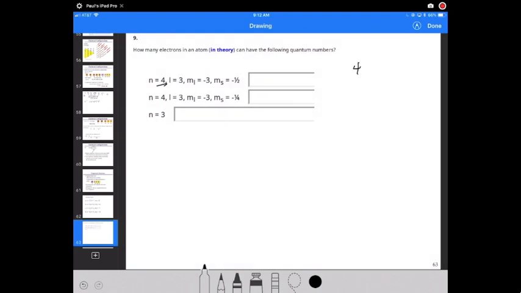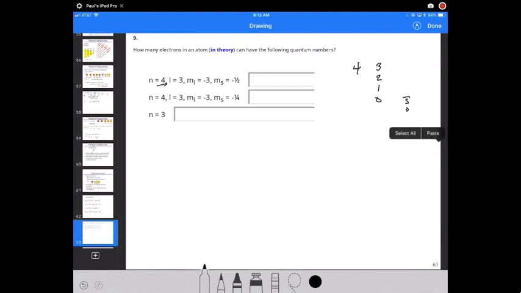In 4, you have levels possible 3, 2, 1, and 0. Remember, 0 was what letter? S, and there's 1 space. The space is numbered 0.